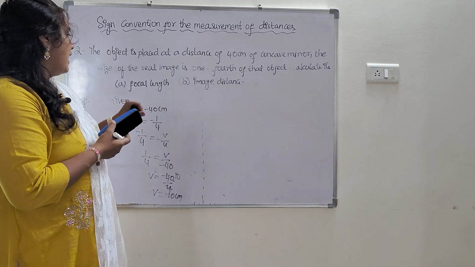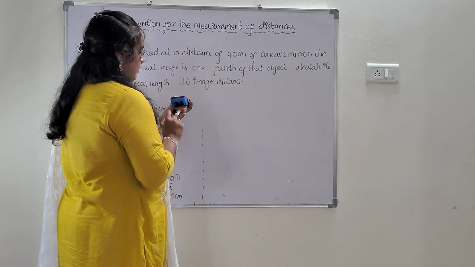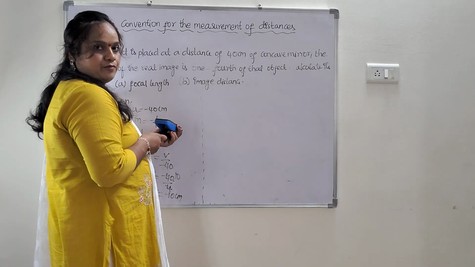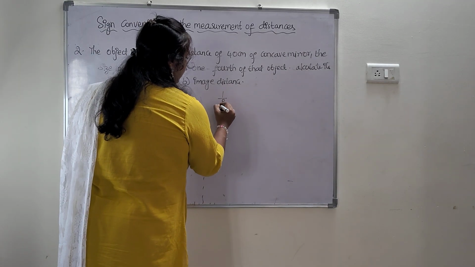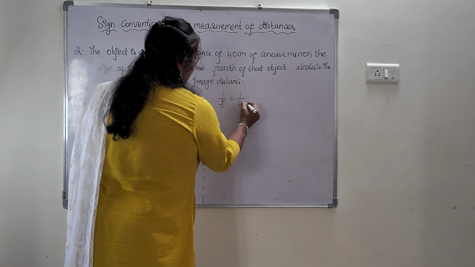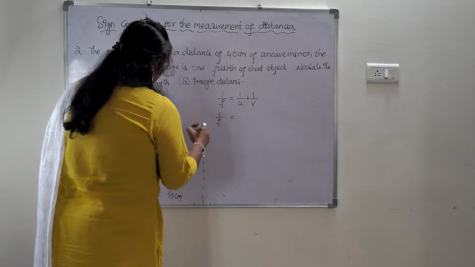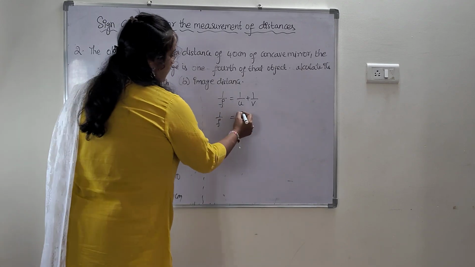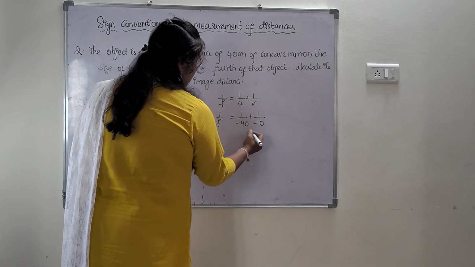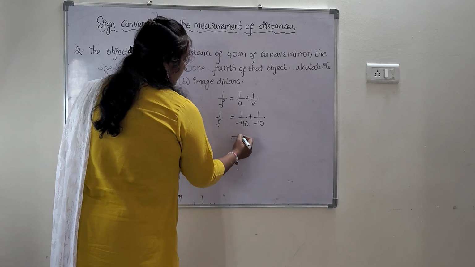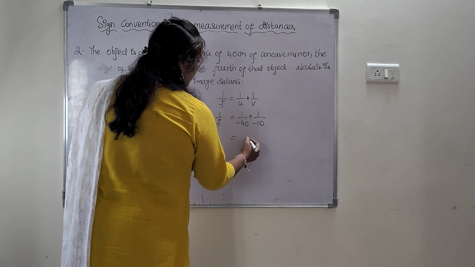Next we will calculate the focal length. In order to calculate the focal length, what should we do? First we need to take the mirror formula. So what is the mirror formula? 1/f is equal to 1/u plus 1/v. What is the u value here? -40. What is the v value here? -10. Now the LCM of 40 and 10 is 40 only.